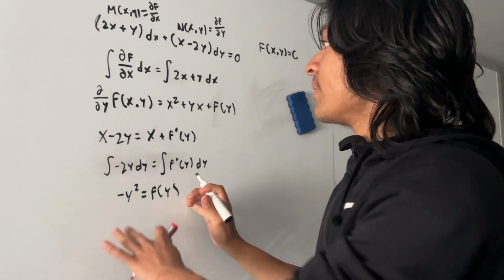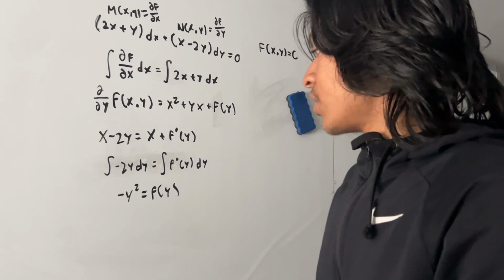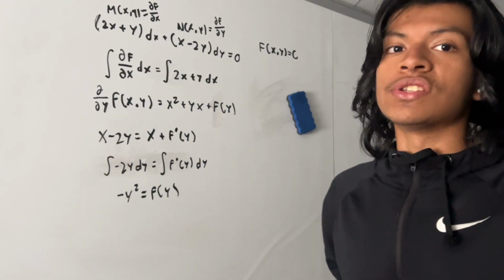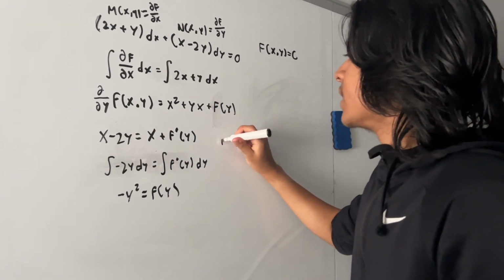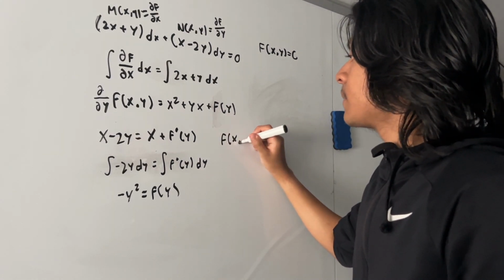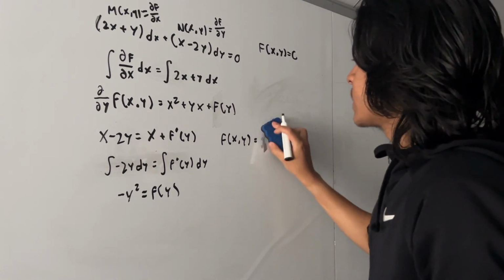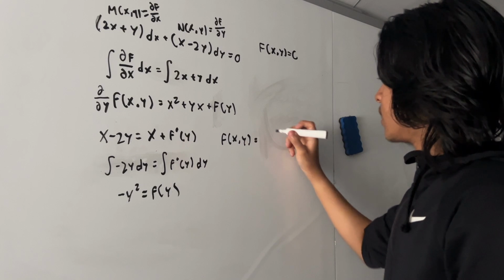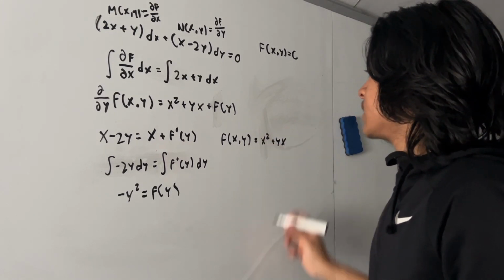So now that we have that, we can just plug it into our formula. So our solution, or not our solution to this, but our function that we're dealing with is going to be f of x, y, is equal to, not 2x, this is going to be equal to x squared plus y x.